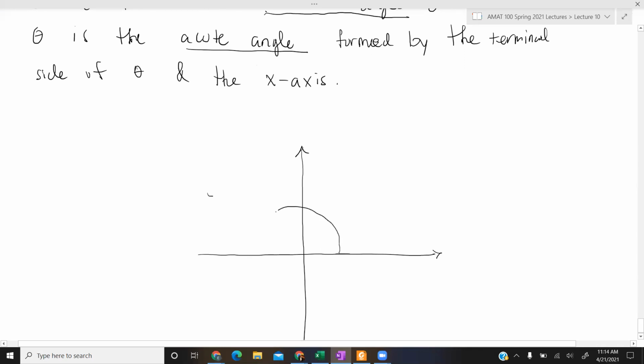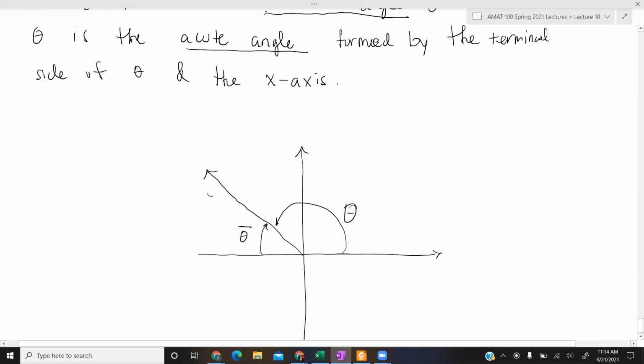Actually, let me just draw the line first. And so then it's rotated this way. So this is theta right here. This angle right here, this is the acute angle, this is going to be theta bar. So that's basically all it is.